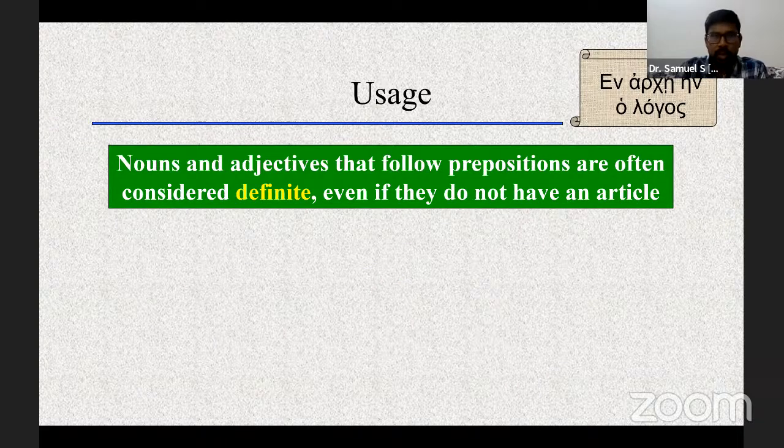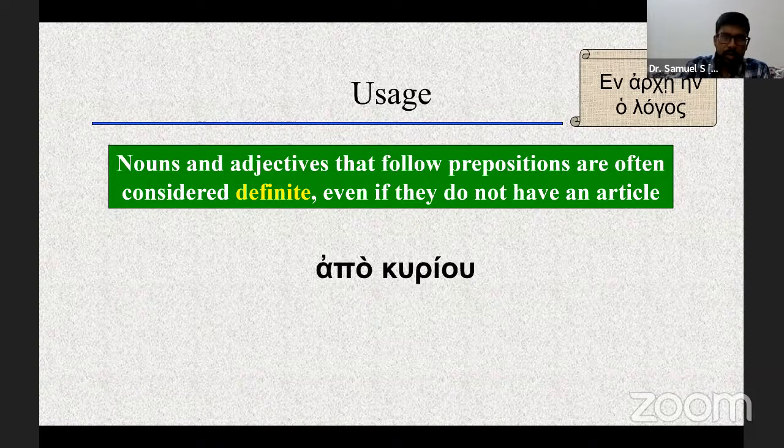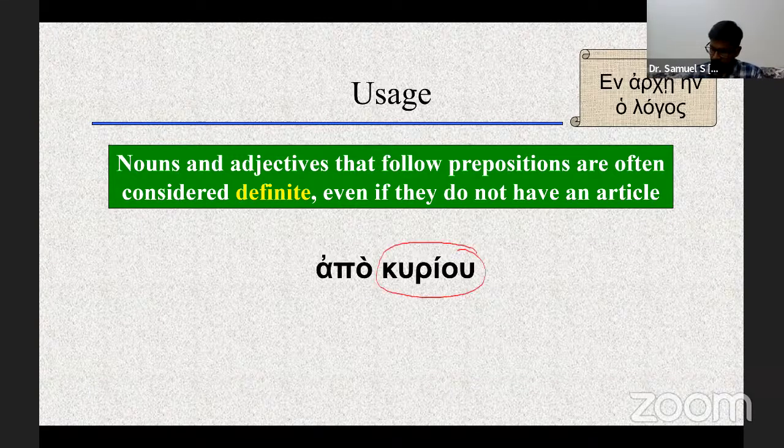Nouns and adjectives that follow prepositions are often, not always, but often considered definite, even if they are anarthrous, without an article.